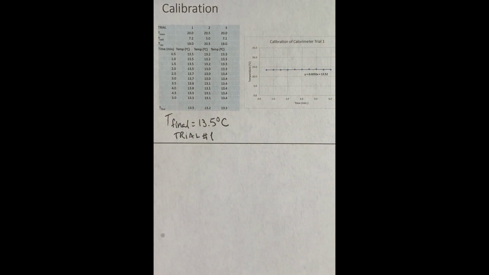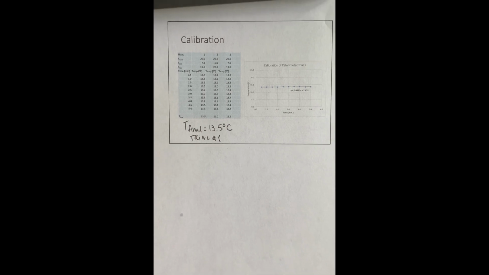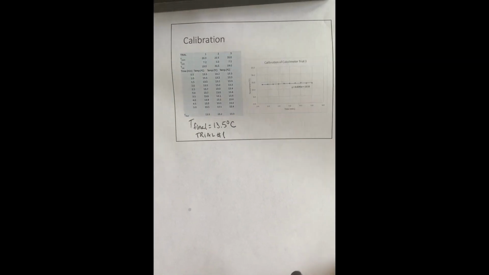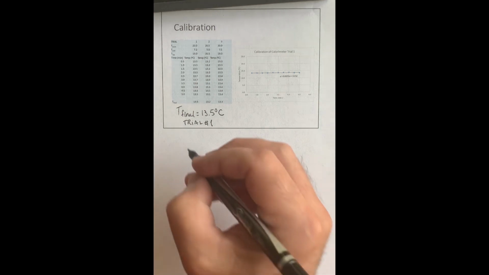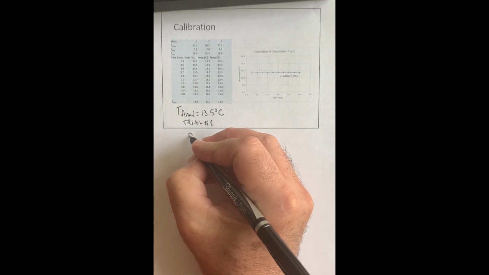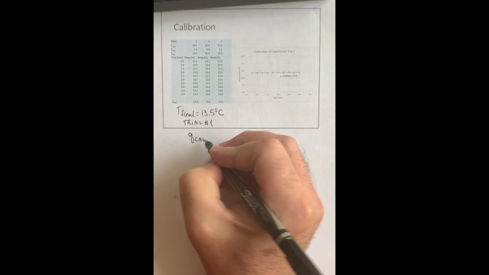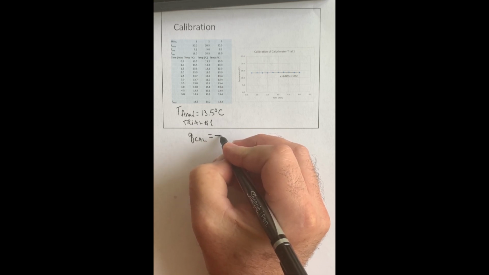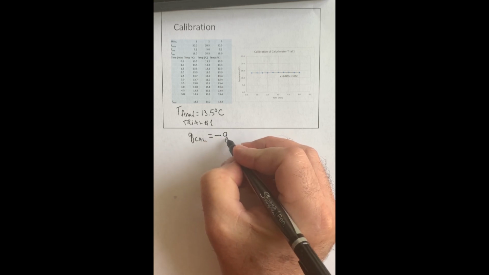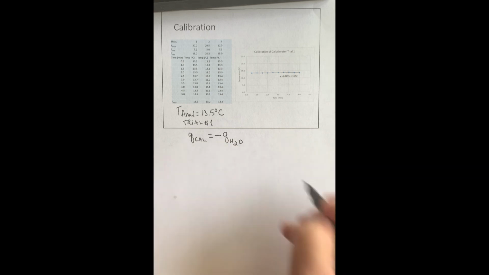So let me zoom out a little bit so we can have a little more room here. Okay, very good. There we go. Now remember, according to our theory, because we do this process inside the calorimeter, we said that the total heat transaction for the calorimeter will be the negative of whatever heat exchange happens in the water.